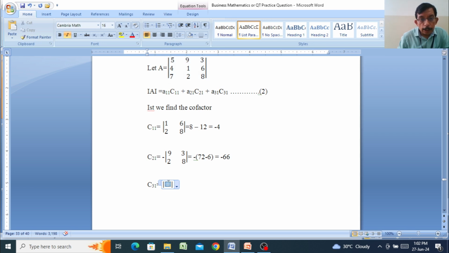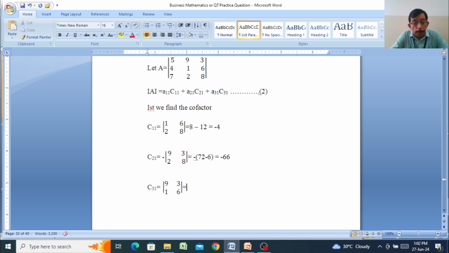Note down here 9, 3, 1, 6. The sum of the order is an even number, so the sign is no change. The second order determinant is the difference of the multiplication of the diagonal elements. 9 times 6 is 54 minus 3 times 1 is 3. The value of the determinant is 51.